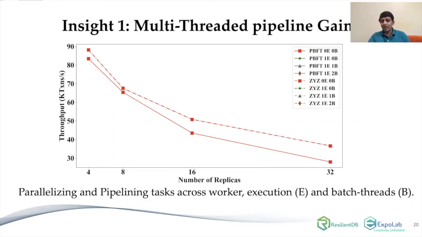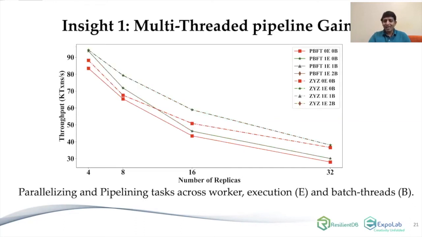For example, when I say PBFT 0E0B, what I mean here is that we ran the experiment with PBFT and there were 0 execution threads and 0 batching threads. In this specific diagram, the first time we ran with PBFT having 0 execution threads and 0 batching threads, and Zyzzyva having 0 execution threads and 0 batching threads. Clearly in this scenario, Zyzzyva will perform better than PBFT because it is a linear protocol requiring just one phase.